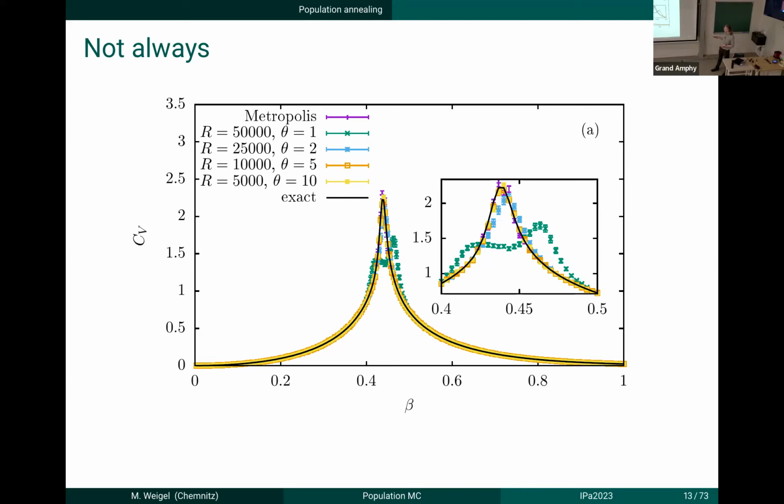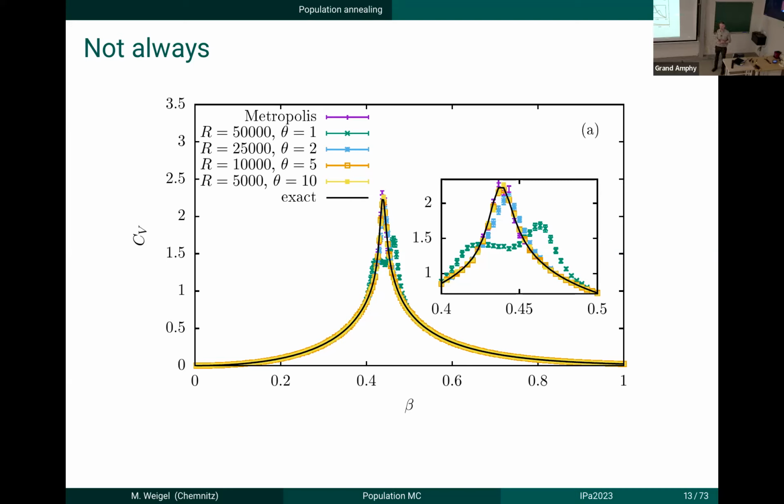And one sees that if you decrease the number of rounds of spin flips too far, say you only make one round, you start getting some systematic deviations, because as you pool the population, the number of rounds of spin flips is not enough to keep the system in equilibrium. And then it falls out of equilibrium.